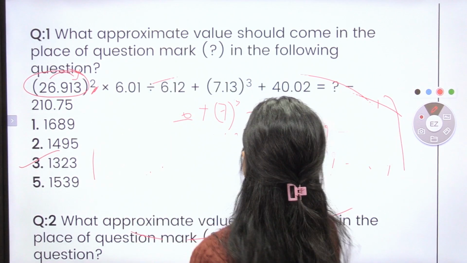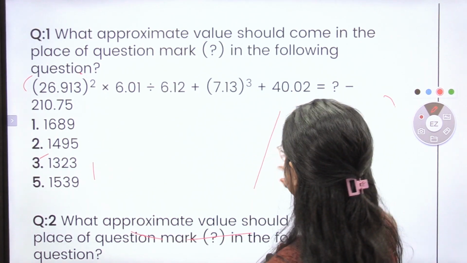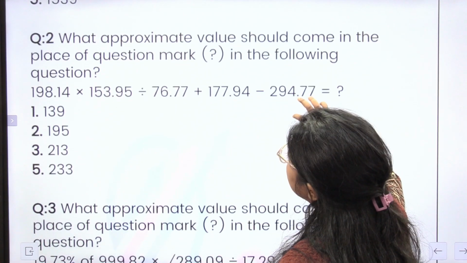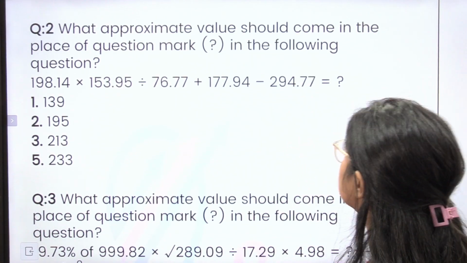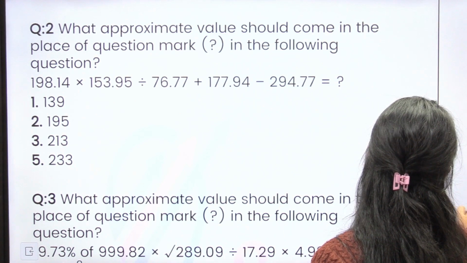Let's move to question number 2. Here, what approximate value should come in place of the question mark in the following questions? Okay, let's do it.